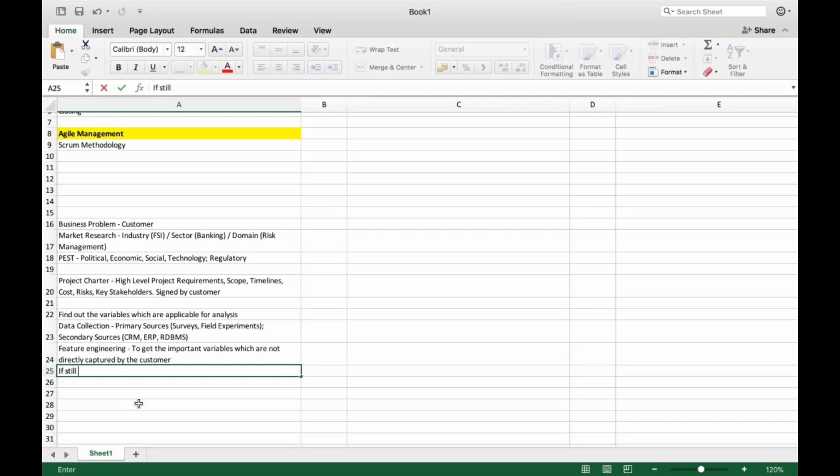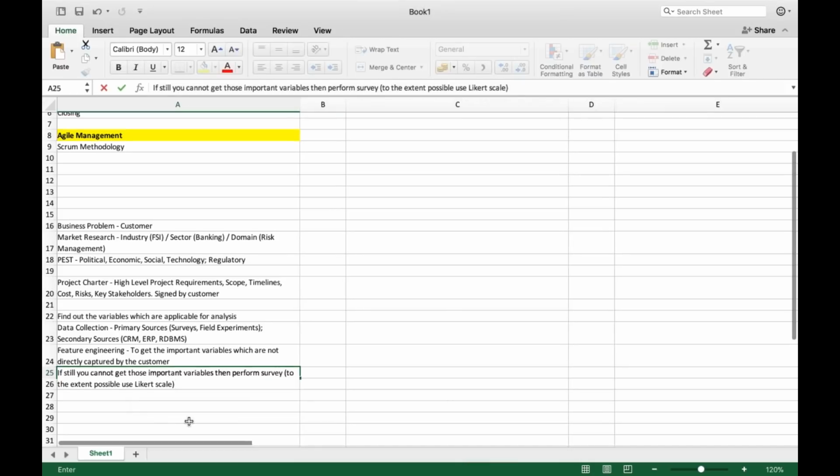If still you cannot get those important variables, then perform survey. And when you perform survey, to the extent possible, use Likert scale.